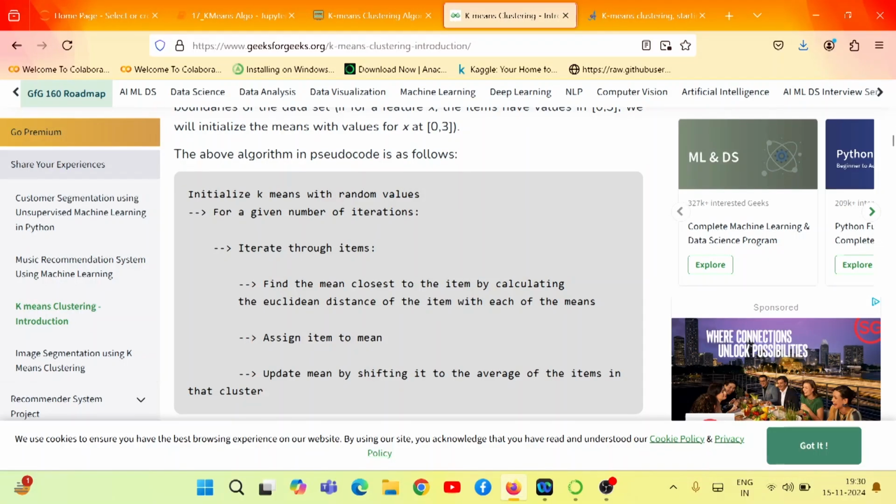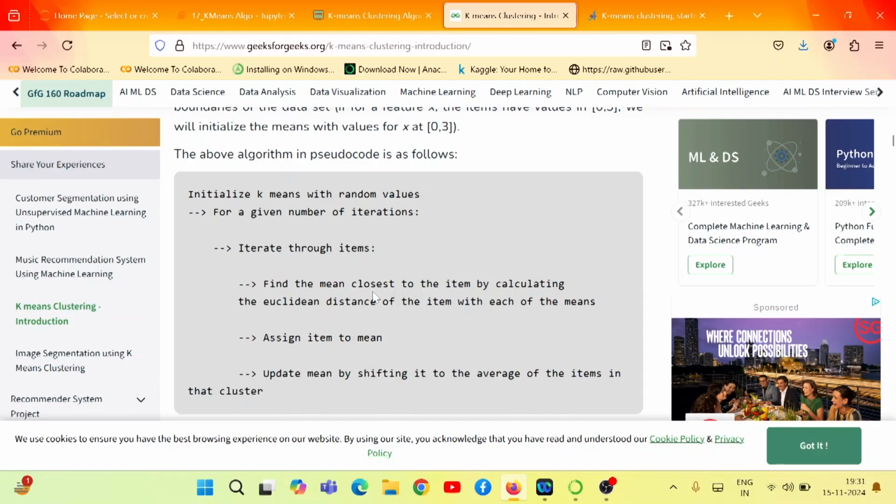Then we calculate the Euclidean distance from this random point to all the given points, right? After one iteration, we again find the new centroid, and this process of calculating the distance from the new centroid keeps repeating over the iterations until the updating of the centroid stabilizes, right? Till then this algorithm will move on.